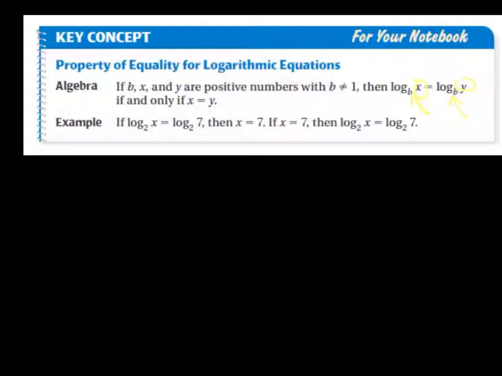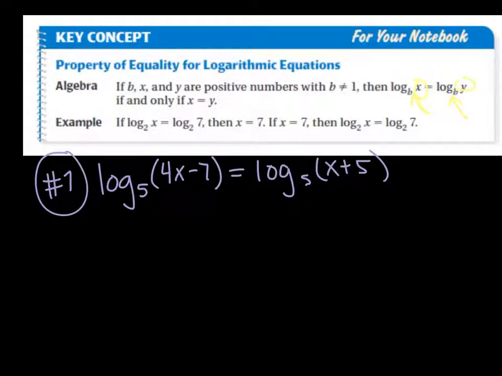So let's look at an example. Let's look at number 7. Number 7 are the ones that we like, because when you have just a single log on each side, that's when you can cancel them out, like that example shows. So when we have log base 5 and log base 5, they can just cancel out, and we can just say, okay, when that's the case, 4x minus 7 must equal x plus 5, and we can solve it like a normal equation.